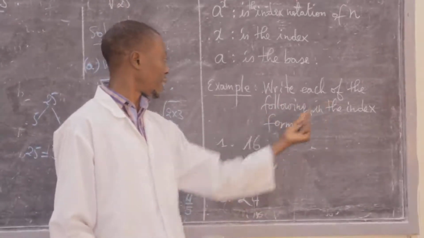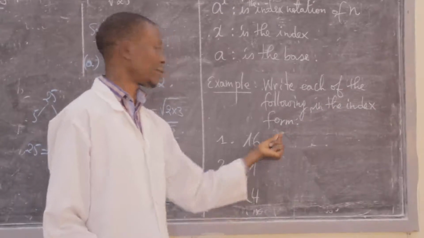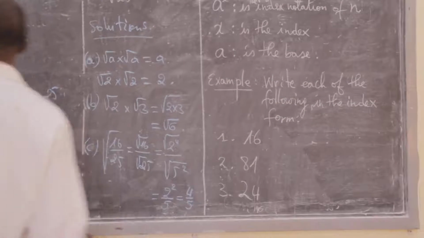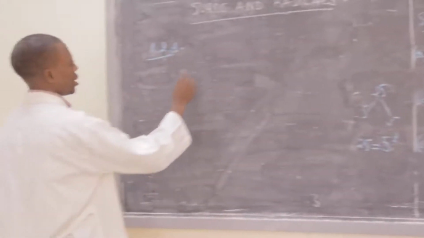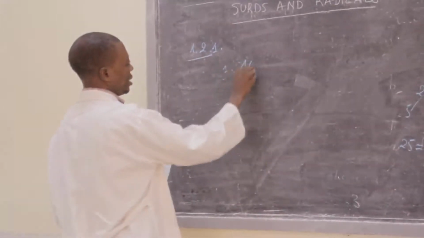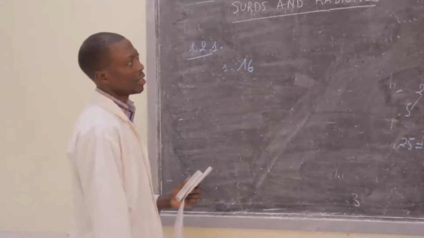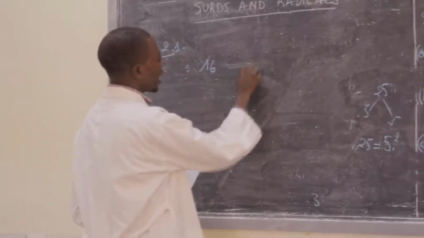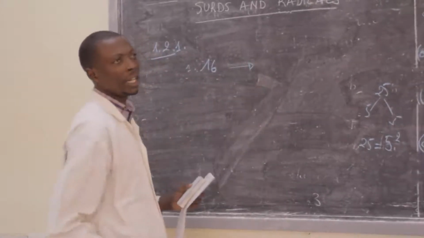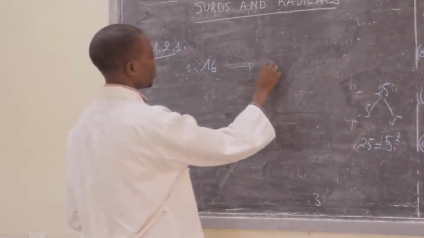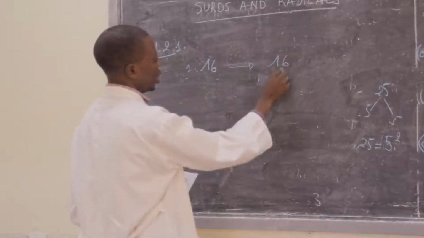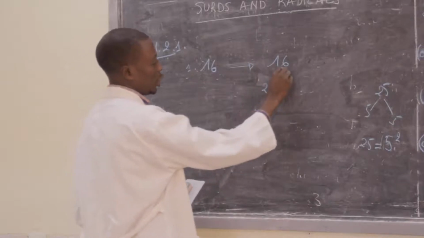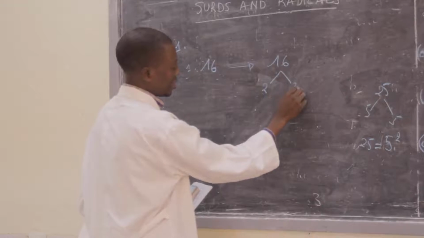Now we are going to use some examples here. Example: write each of the following in the index form. We have 3 examples. We are going to write 16 in the index notation. This 16, it is better to write it first of all in prime factors. If you put 2, it is like taking 16 divided by 2, you get 8.